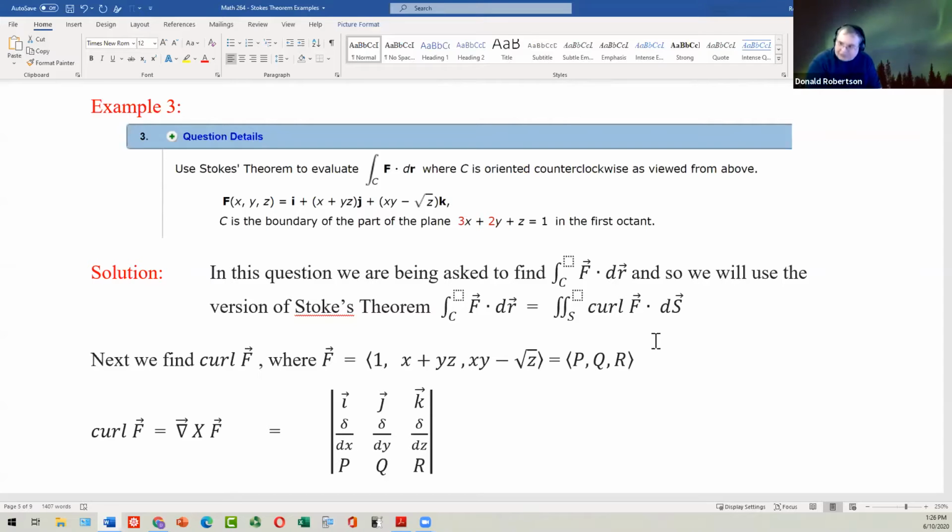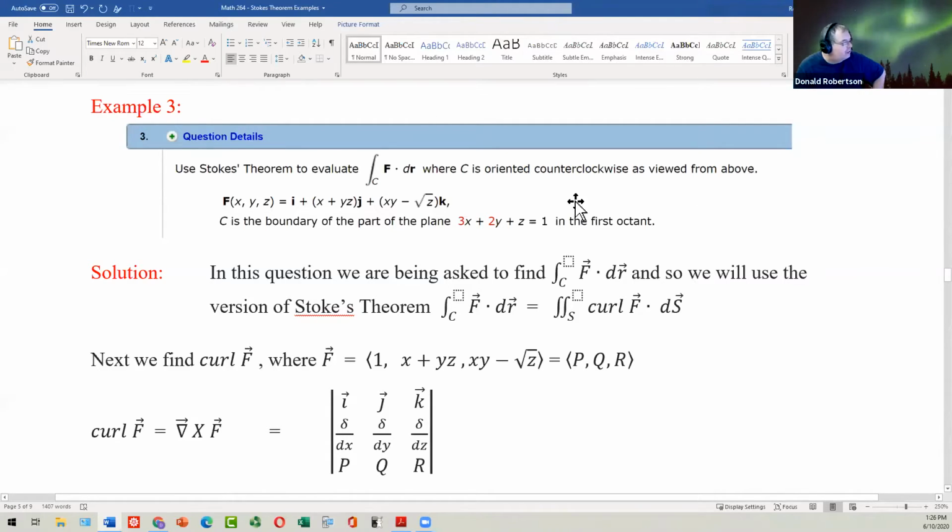It's do this, then do this, then do that. And if you can keep that process going, although they're quite long, at least it's a process. It's something you can learn to do. So here's the next one. Use Stokes' theorem to get the classic line integral.